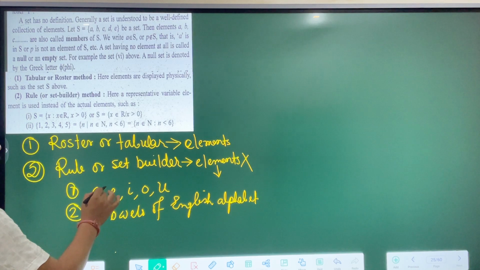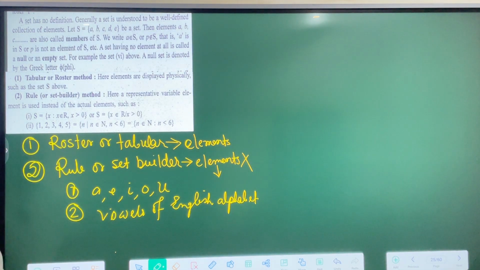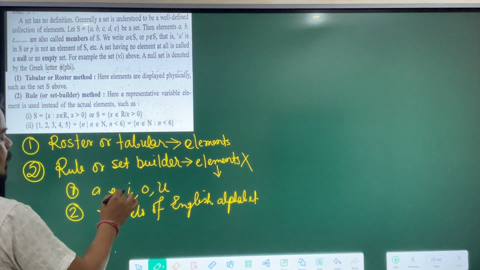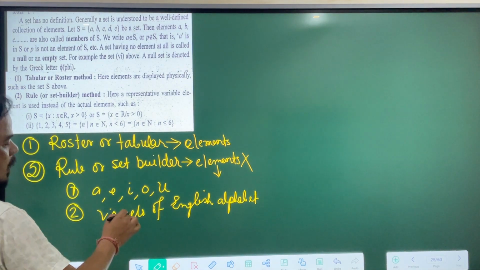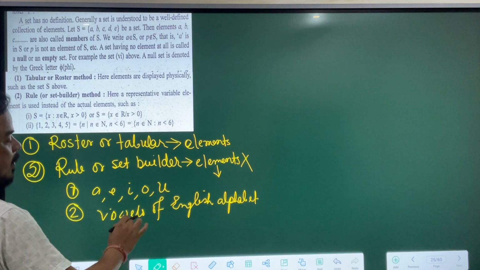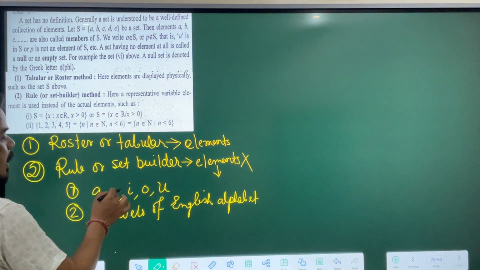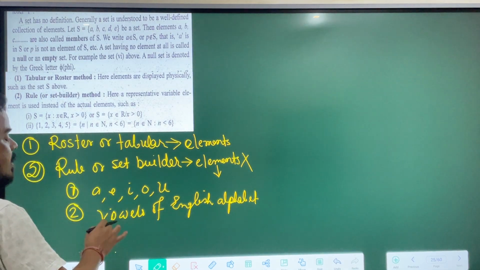So this is called roster method and this is called rule method. This is called tabular form. This is called set builder form. The meaning of both parts is the same, but here elements are written directly, and here the elements are only described.